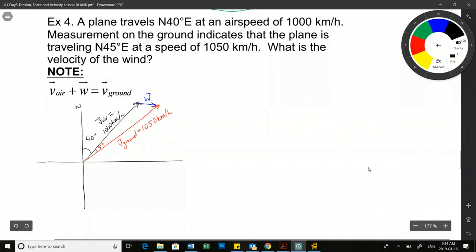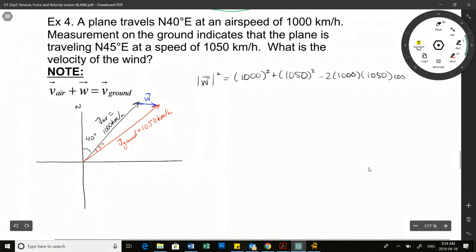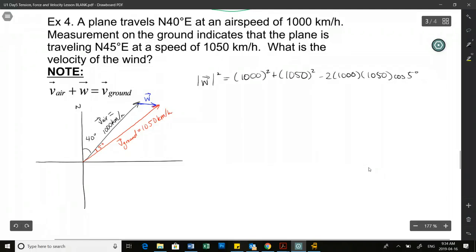So we actually are going to use cosine law because we have two sides and one included angle, or contained angle. And this will give us the magnitude of the wind. So that should be 1,000 squared plus 1050 squared minus 2 times 1,000 times 1050 times the cosine of the contained angle, which is 5.